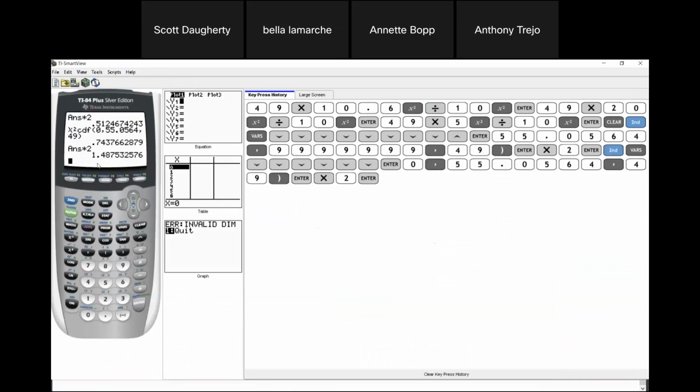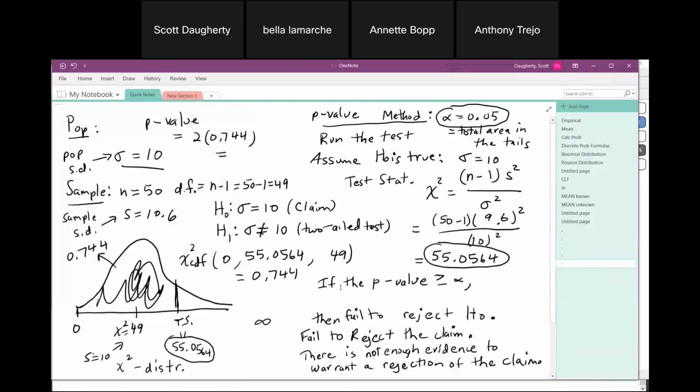The area represents a probability. So if someone tells you the probability is 1.48 or 1.49 or something like that, it's not possible. That should be immediately an indication that something's wrong. And what's wrong is you need to find the area to the other side. Find the area on this side. Okay.